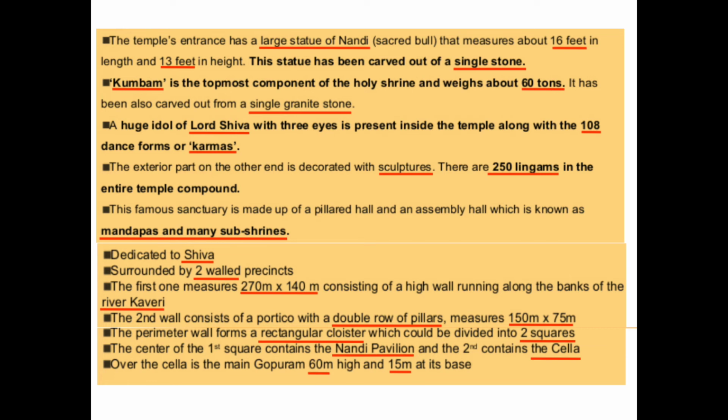It has also been carved out of a single granite stone. A huge idol of Lord Shiva with three eyes is presented inside the temple along with 108 dance forms of karanas. The exterior part of the other end is decorated with sculptures.